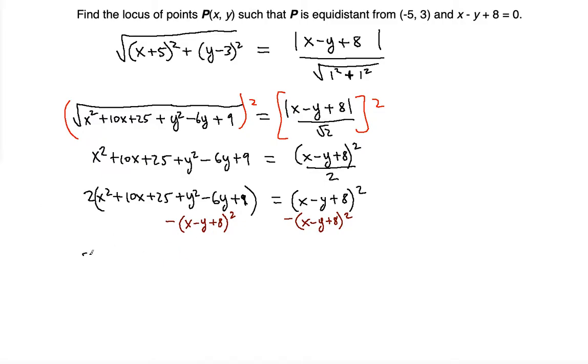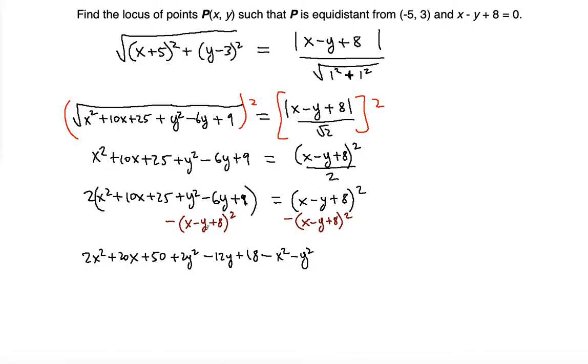Subtract them, because we want to get everything on one side and have 0 on the other. Right? So what we're going to get is 2x squared + 20x + 50 + 2y squared, I'm just distributing the 2, - 12y + 18. And then here I'm going to get this, minus x squared minus y squared, right?